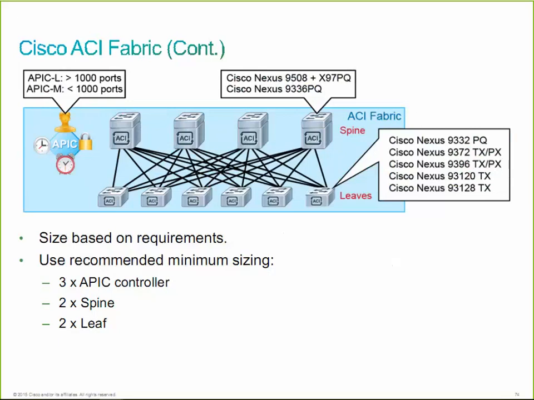Remember, the fabric is manageable even with just one controller. And it can actually operate even if there's no controller. You can't change the configuration and you can't modify the overall design without the controller, but the fabric will function without an active controller. The next minimum sizing requirement would be at least 2 spine devices.